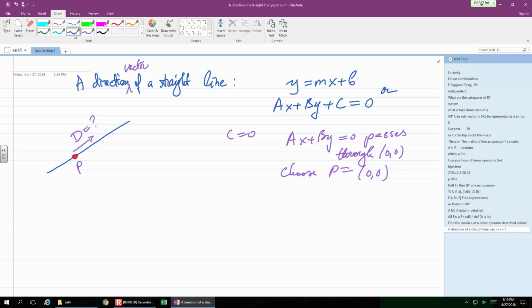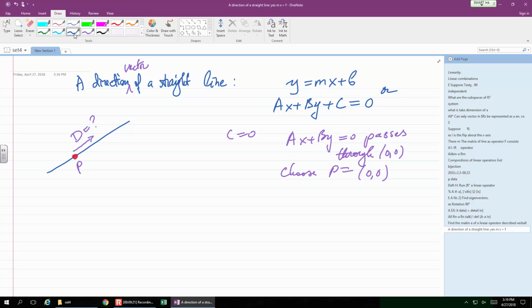How to find a line anyway? We need 2 points. So all you need to do is to find another point on the line, and that will give you the vector. Okay, because the length of the vector doesn't matter, only direction does. So any point, as long as it's not that point P, will do.